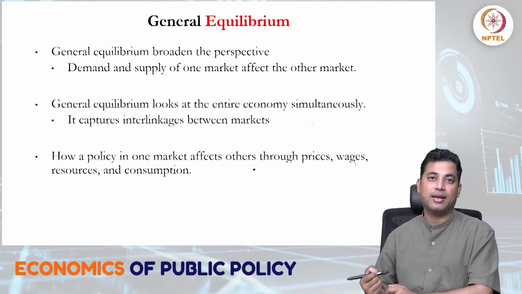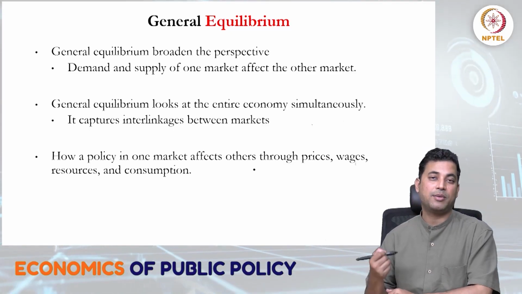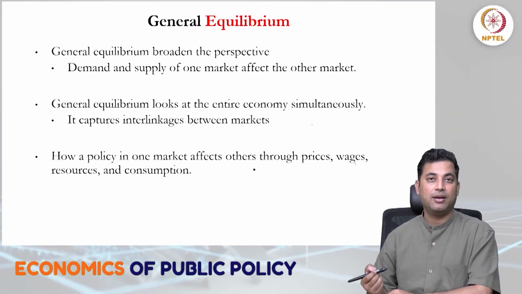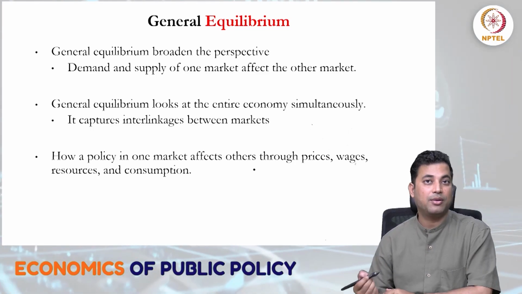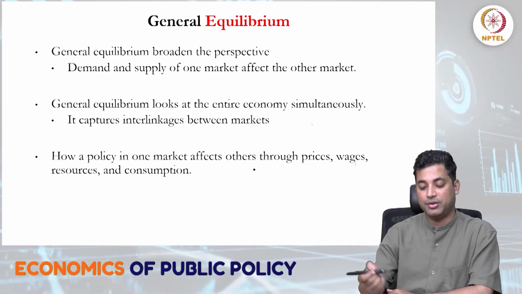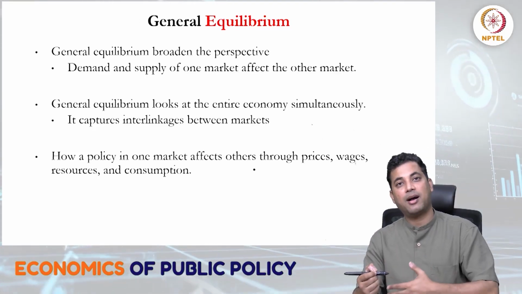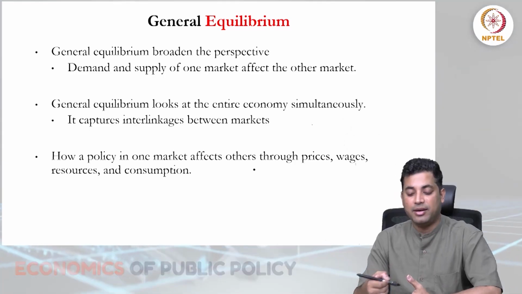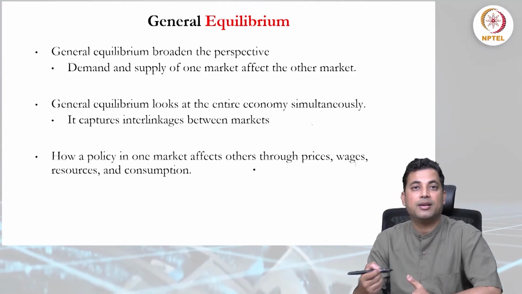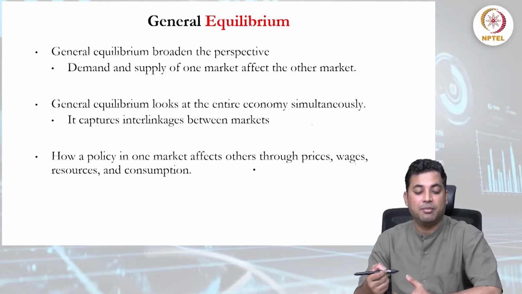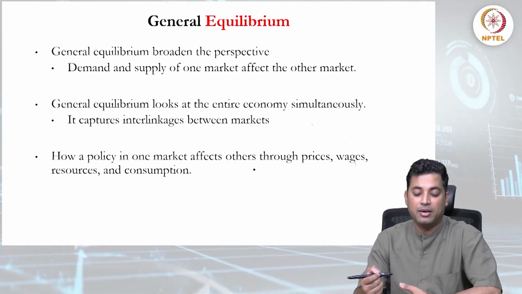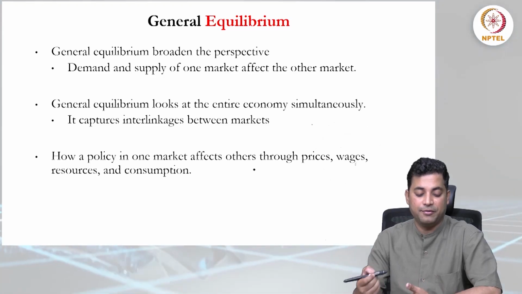So it is the change in the price of one commodity and its impact on the demand or price of other commodities. So two markets are actually impacting each other. One market is affecting others and vice versa. That is the typical general equilibrium point of view.